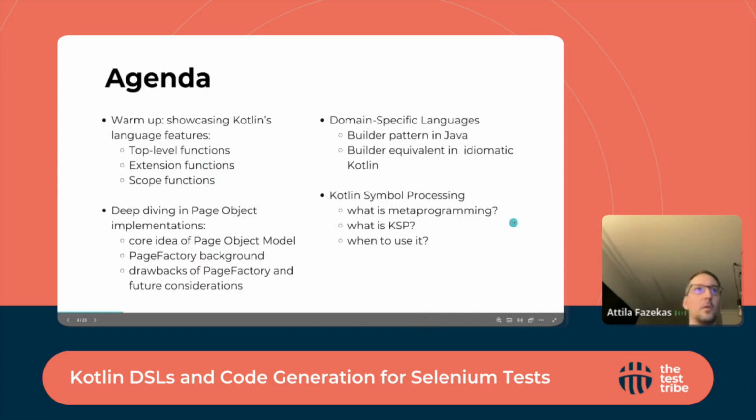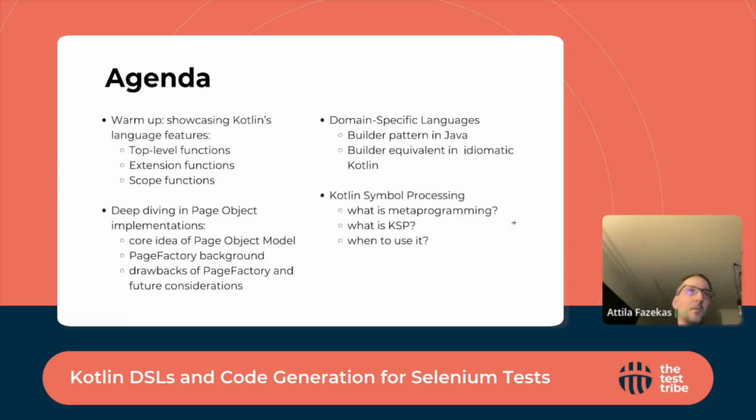So today's agenda will be a showcase of the Kotlin language features. I will do my best to break down the concepts, because it might be a bit overwhelming if you are new to Kotlin and functional programming.